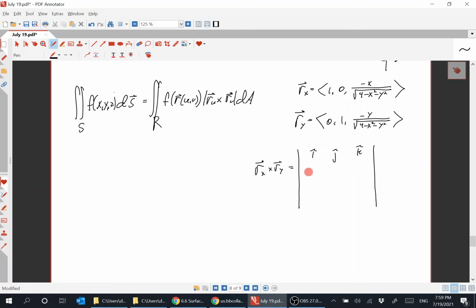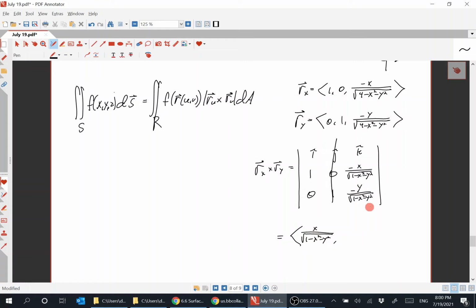So Rx cross Ry, that's 1, 0, minus x over square root, and 0, 1, minus y over square root. So this cross product in the x coordinate: you've got this 0 minus that, so x over square root 1 minus x squared minus y squared.